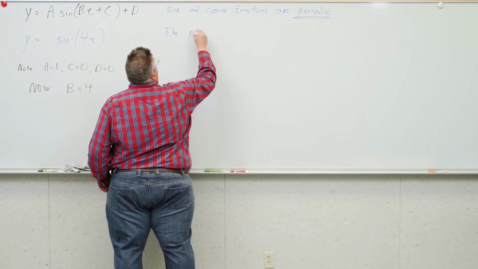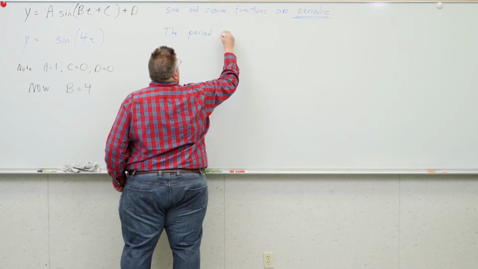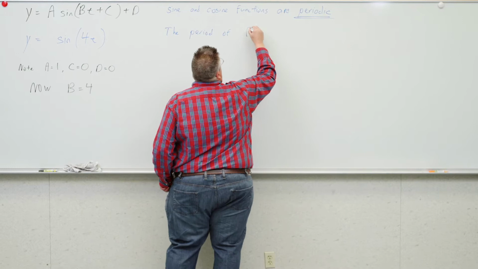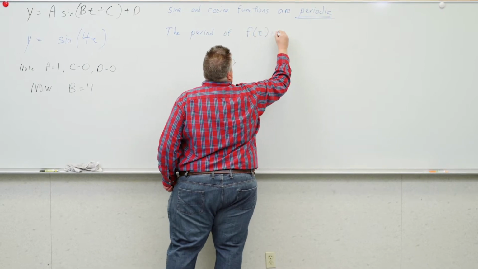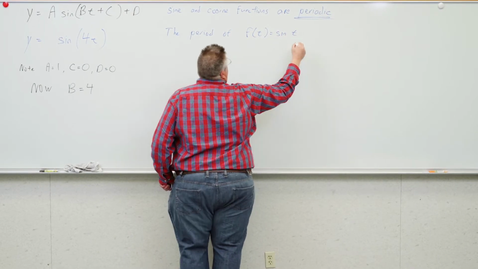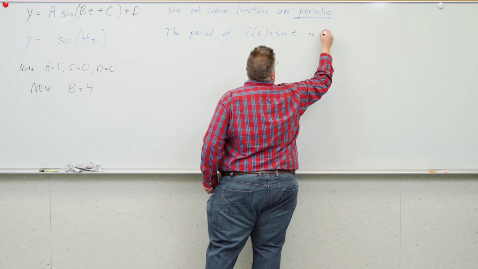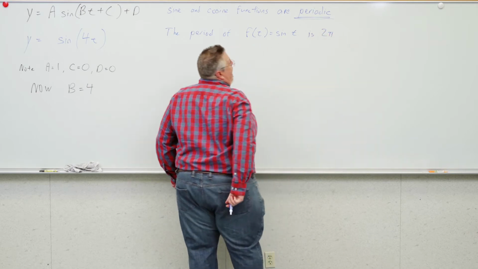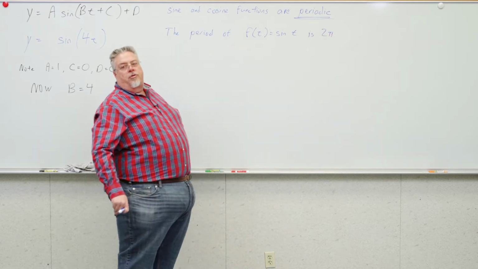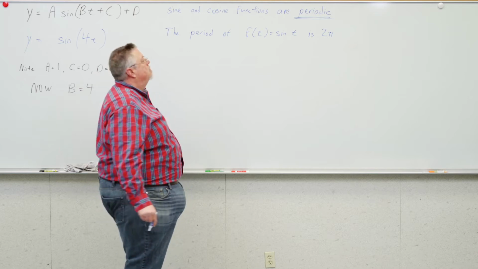The period of f of t equals sine of t is 2 pi. That's how long it took to complete one cycle.